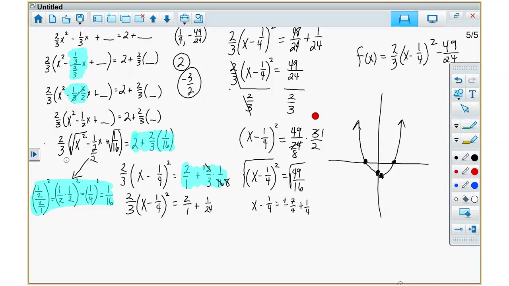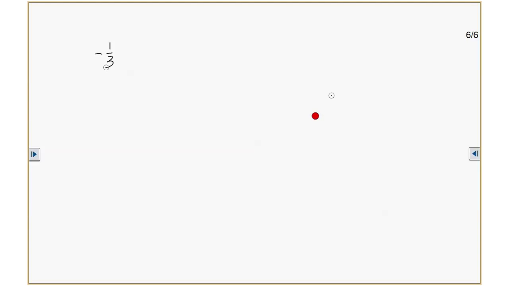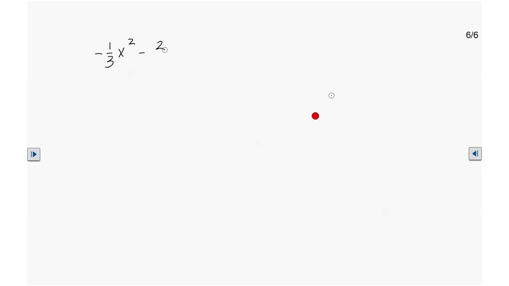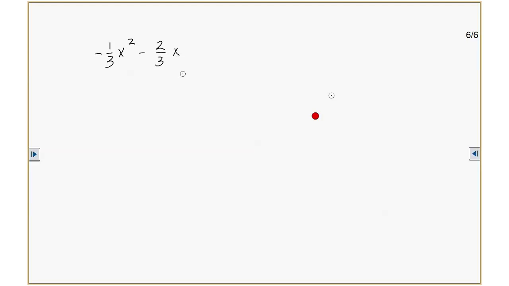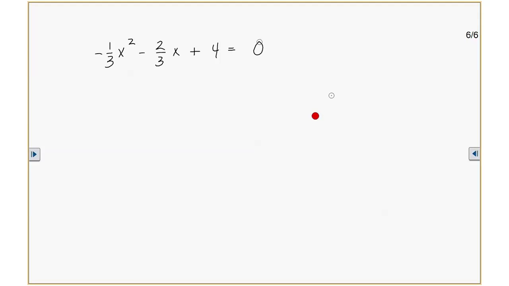All right, I'm gonna give you a couple that would be number 10s, and you can work on them, and then we'll work on them if you can't get them. So I'm just gonna give you these two for homework. -1/3 x squared minus 2/3 x plus 4 is equal to 0.